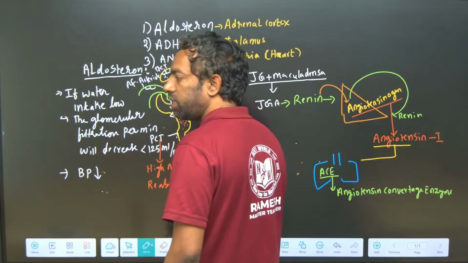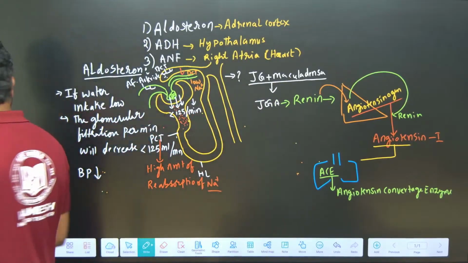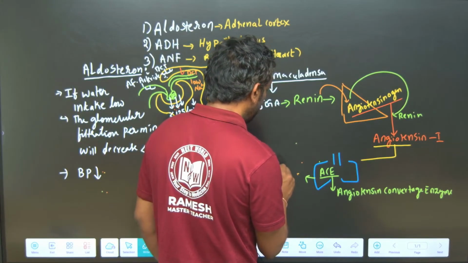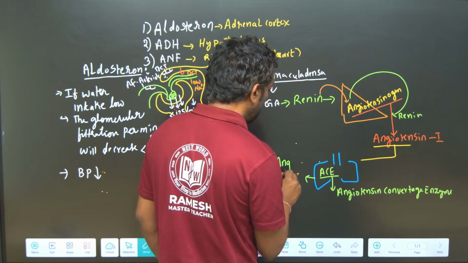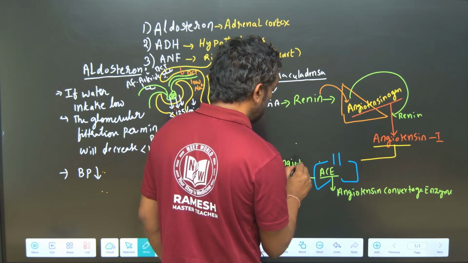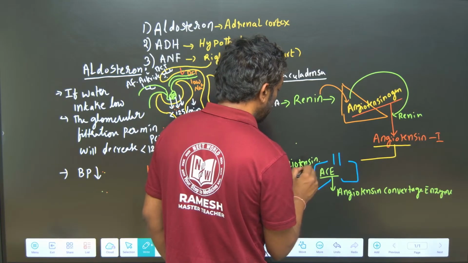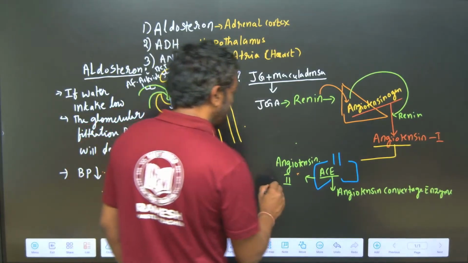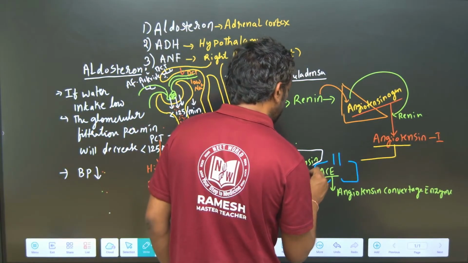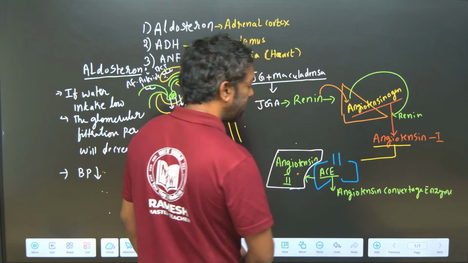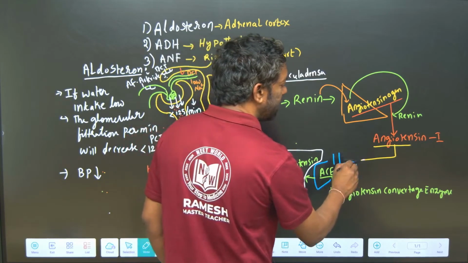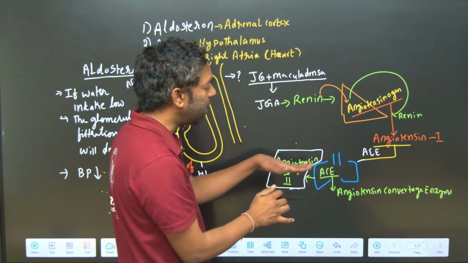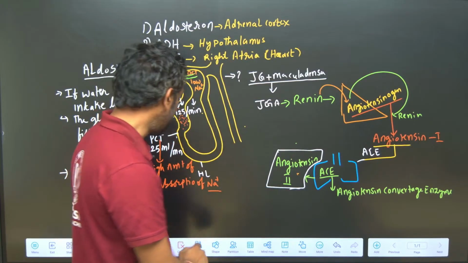This angiotensin convertase enzyme converts angiotensin 1 into angiotensin 2. Angiotensin 2 is the active form, and it acts on the kidney and adrenal gland.